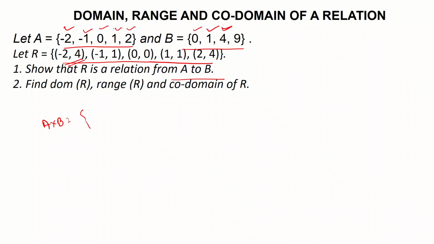So all of these elements are there, means whatever the elements are there in R, they are all there in A cross B as well. So R is a valid relation from A to B. So the first part is done.